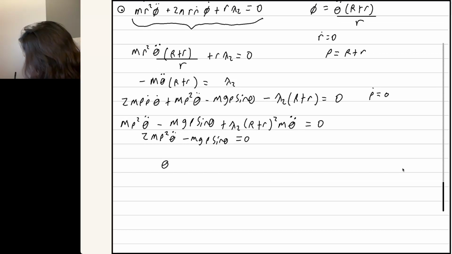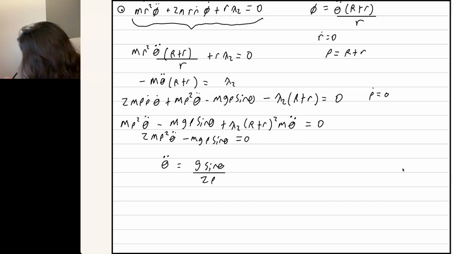This is a differential equation that we will solve. Canceling out factors of m, theta double dot is just g sine theta over 2 rho. So, this is going to be silly.